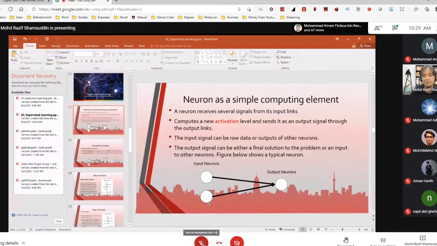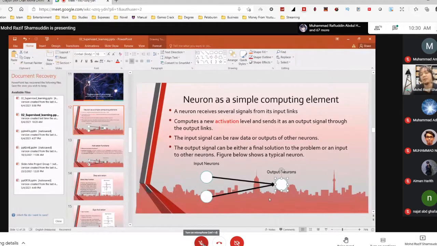Alright, so these are neurons, right? The round object here is the neuron, and we have an input neuron, we have an output neuron. So from the example that I've shown you, most of the input neurons come from the left hand side and send data to the output neuron on the right hand side.